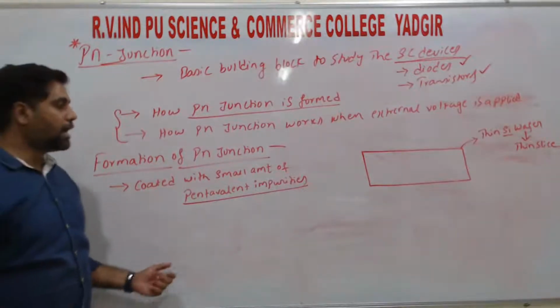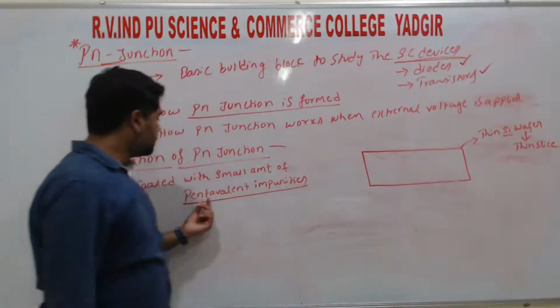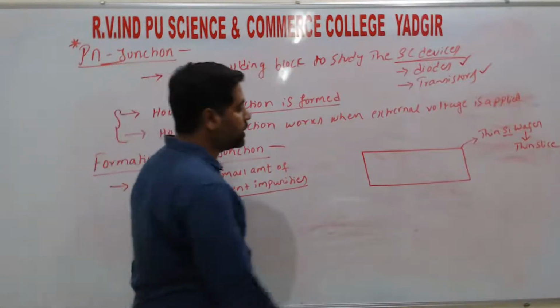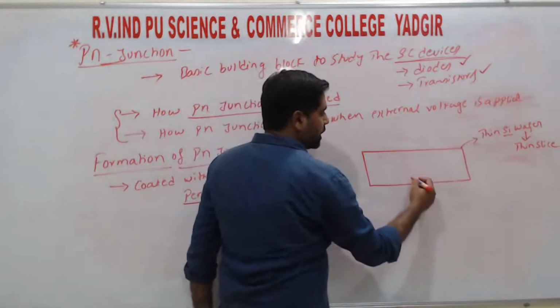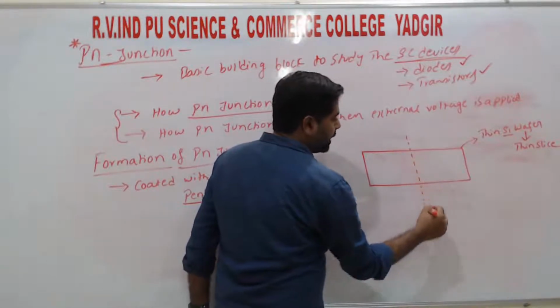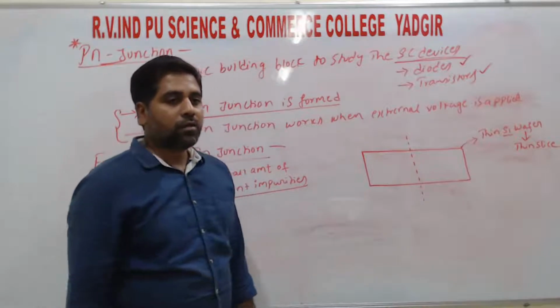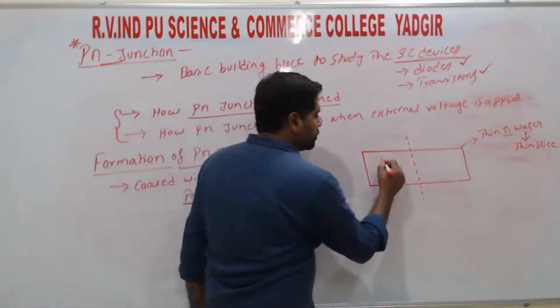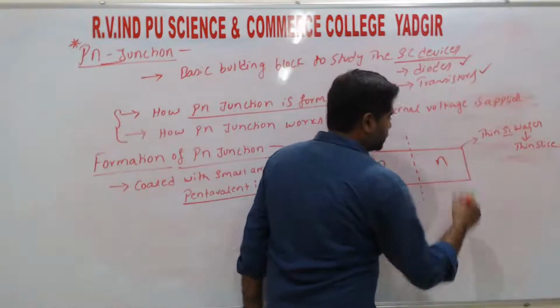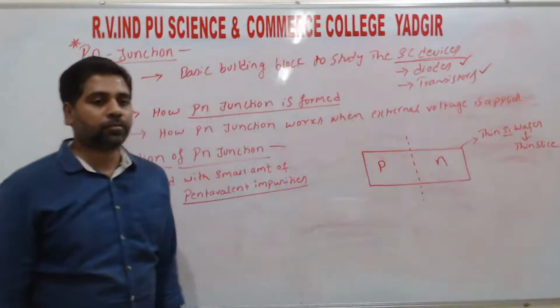So now what happens here, as this is coated with the pentavalent impurities, some part of this intrinsic semiconductor, that is p-type semiconductor, is converted into n-type semiconductor, right? So forming the two regions, one is p region and another one is n region, right?